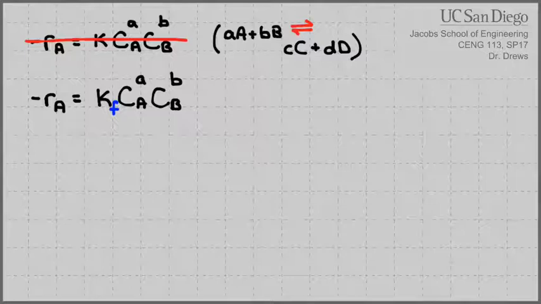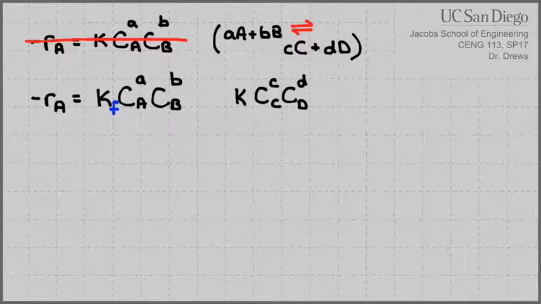Then we can write another one, k times C sub C and C sub D raised to their stoichiometric coefficients. Except now instead of the forward reaction, we have a reverse reaction or a backwards reaction. Depending on what book you see, some people will say k sub B for backwards or k sub R for reverse.